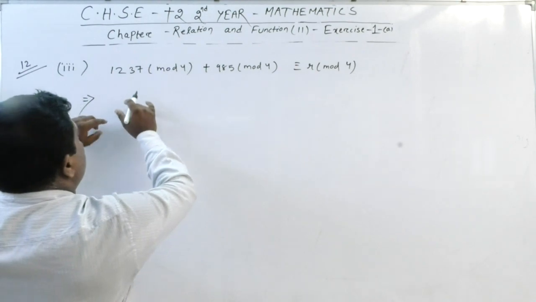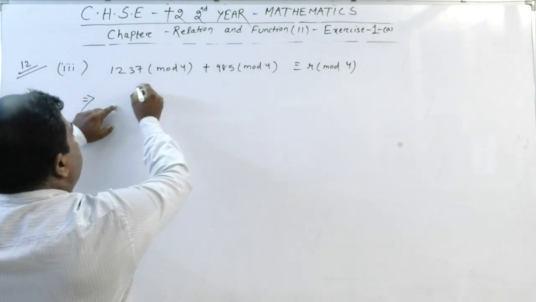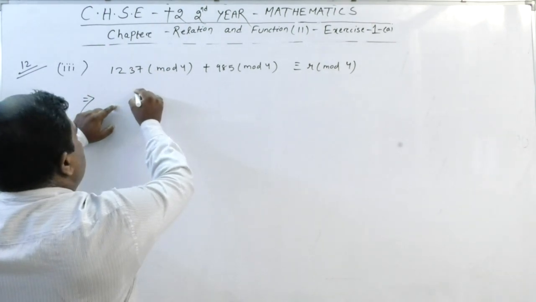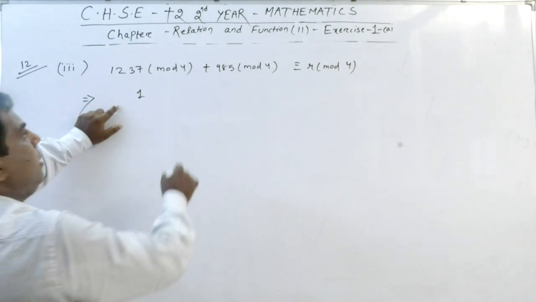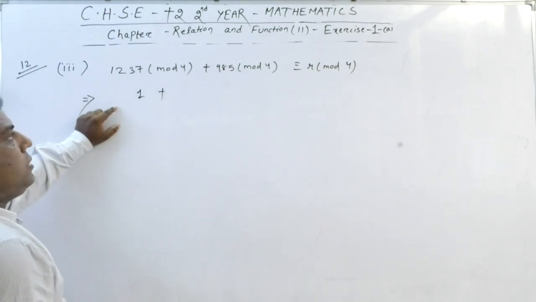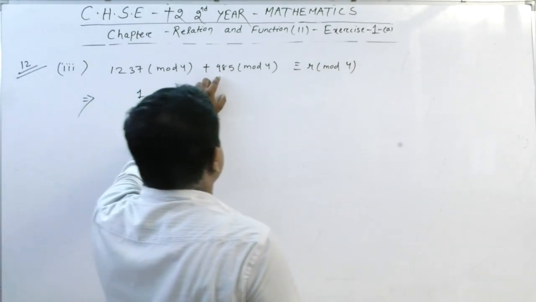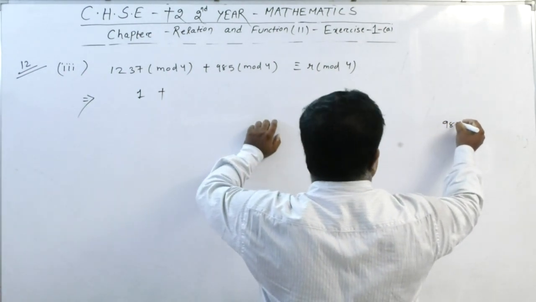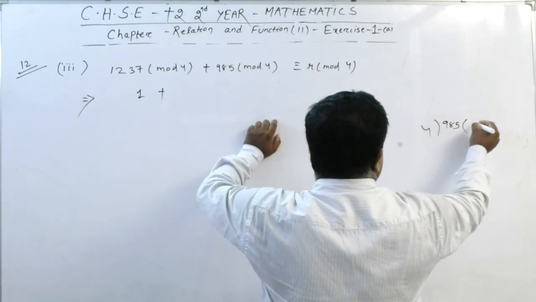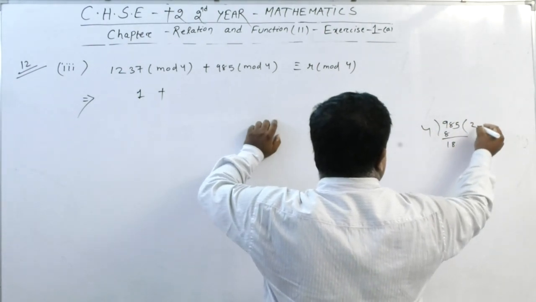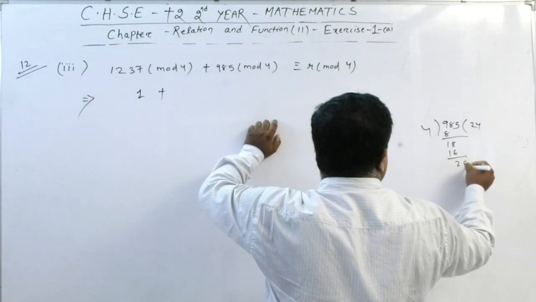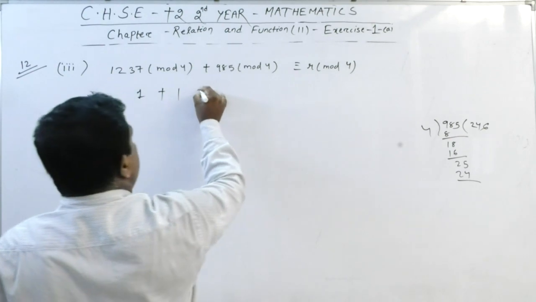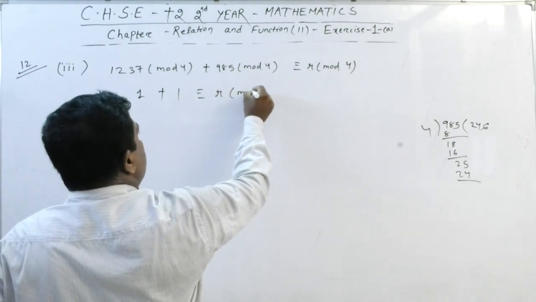When I divide it, I get the remainder as 1. You can divide it also with modulo 4. When you divide, I am getting again 1, is congruent to r modulo 4.